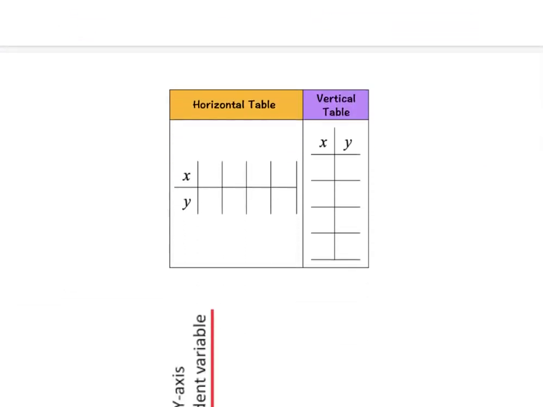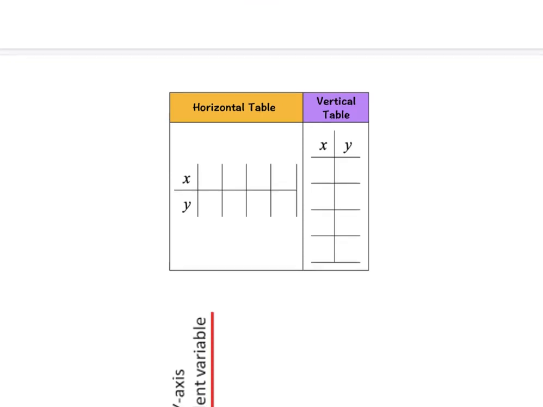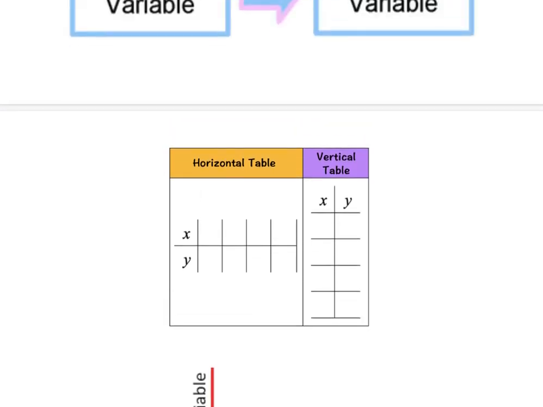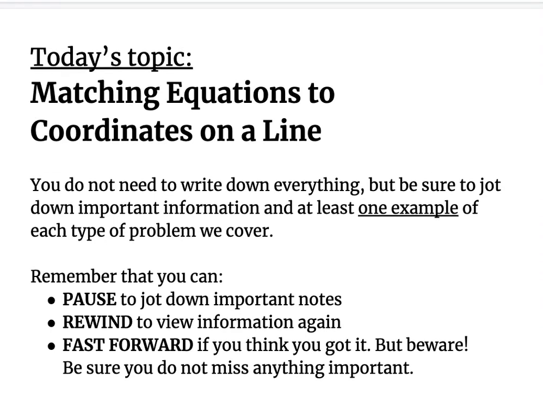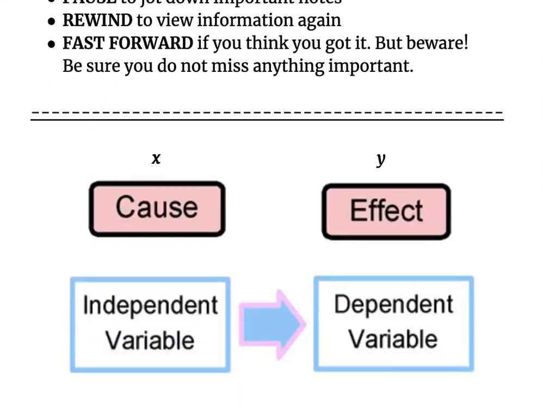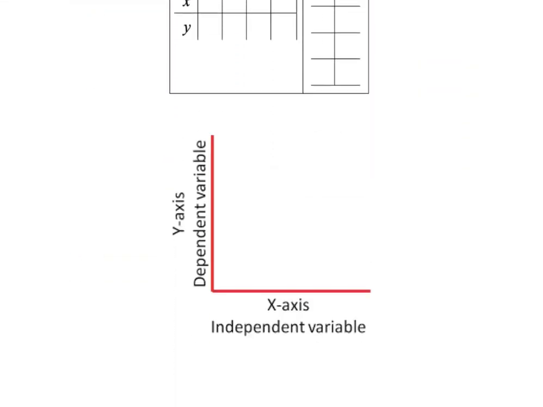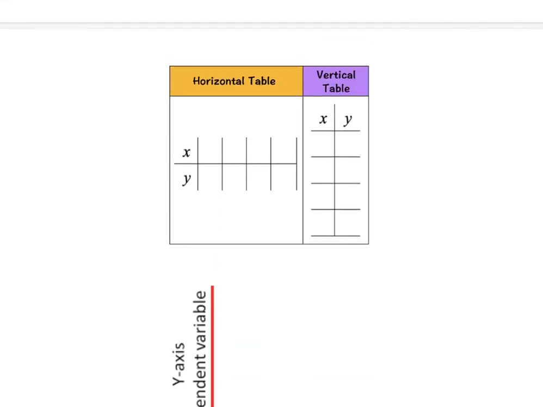All right, so today we are talking about how to basically go from an equation to coordinates on a coordinate plane. So we're going to start off with an example of an equation.